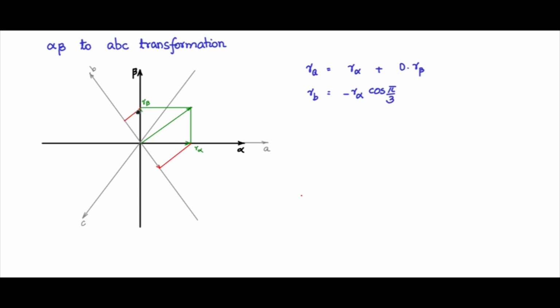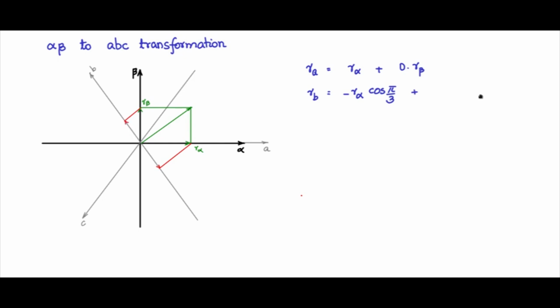Now, if we take the R beta, drop a perpendicular to the B axis. So, this component will be the R beta component's projection on the B axis. It is on the positive side.